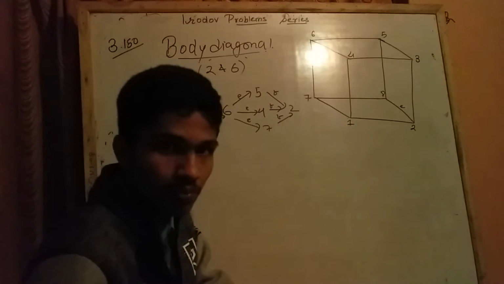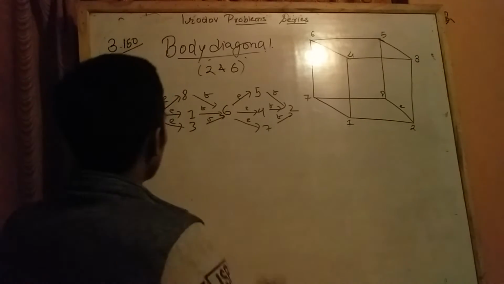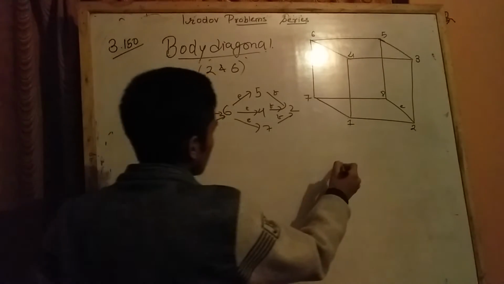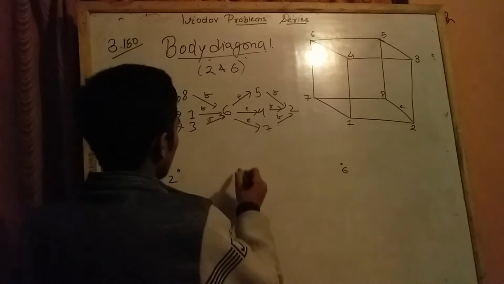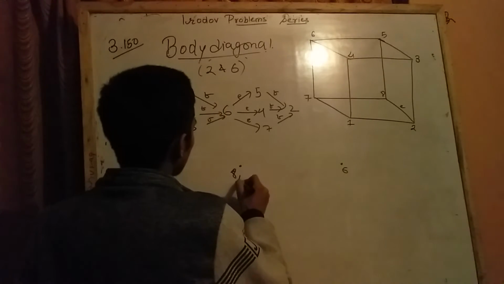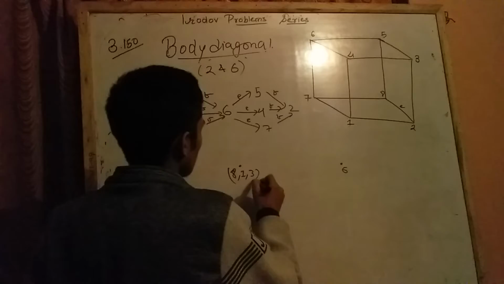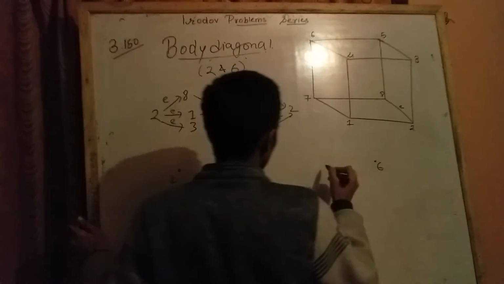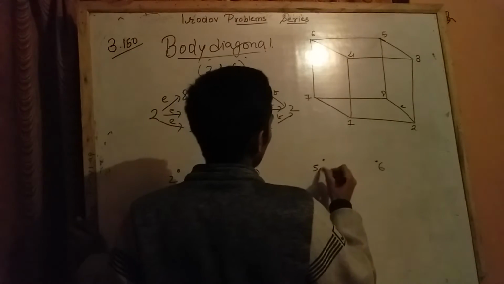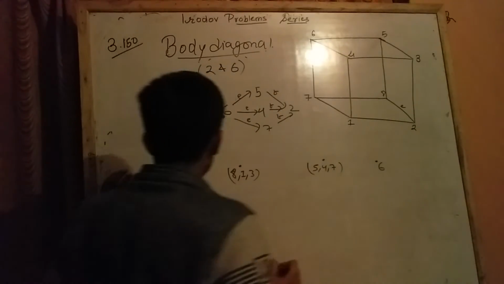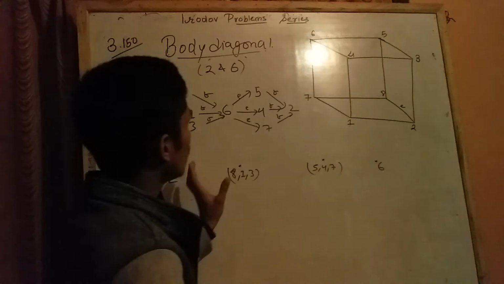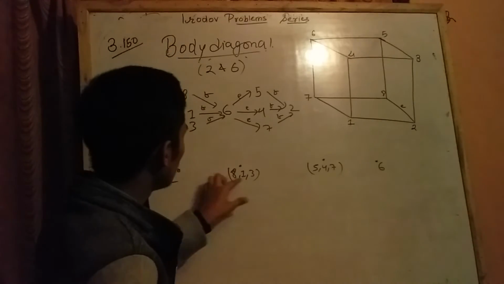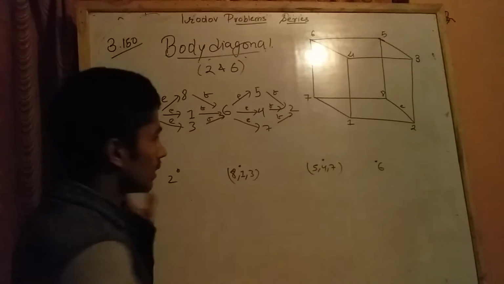So what I'm going to do is I'm going to now simplify the circuit. So I write here 2, I write here 6 at the last, and then I write a point in the middle, that is 8, 1, 3, because they have the same potential, and the potential is what we are concerned about. Okay, so 6, and then we have 5, 4, and 7. All right, so now if you see carefully, then in between these 3 points there are 3 resistances.